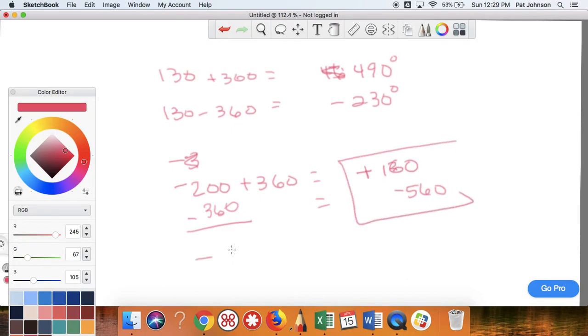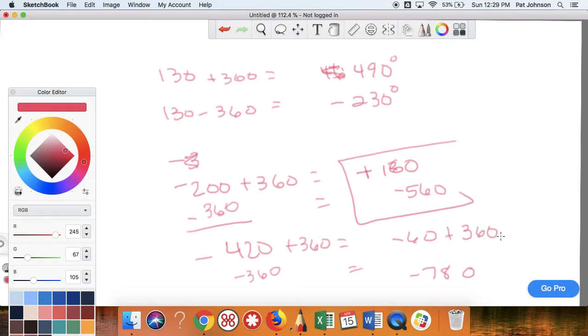What if this was negative 420? Okay, so I'm going to add 360, and I want a negative and a positive. Well, that's going to give me negative 60. If I subtract 360, it's going to give me negative 780, but they wanted a positive. So I'm going to have to add another 360.